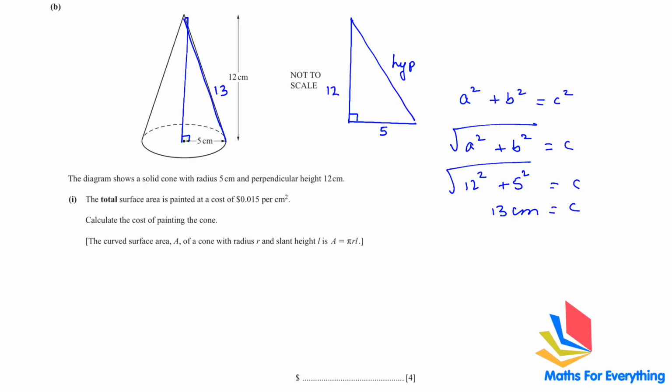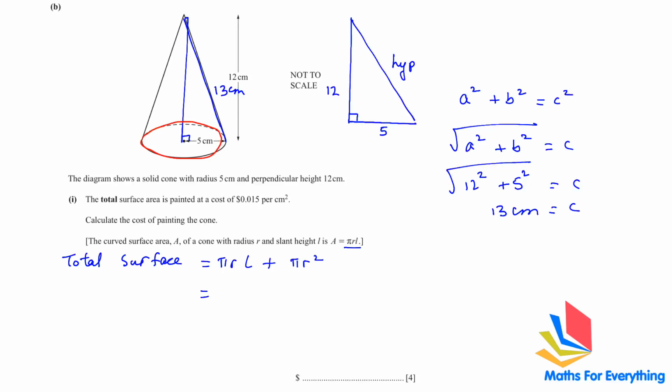Now that we know that, what is the total surface area? Total surface area of the cone will be the curved surface area, which is pi r L plus the circle that we have here, the circle. I hope you know the formula to find the area of the circle. It is pi r square.